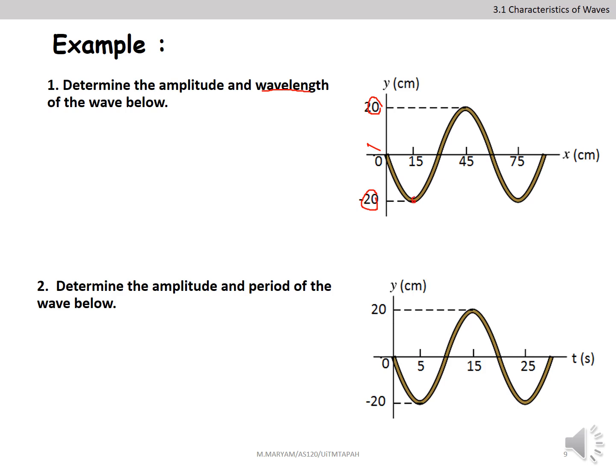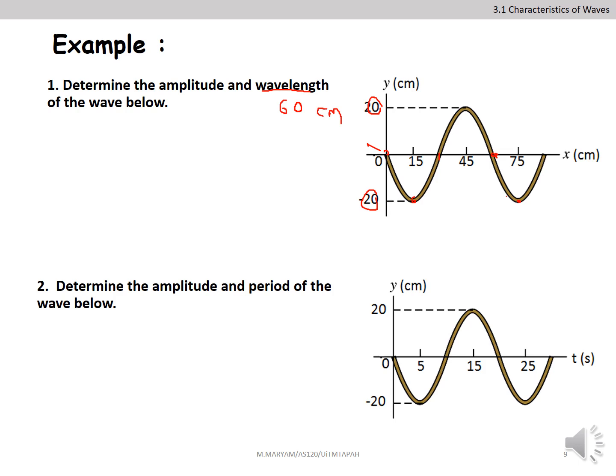How about wavelength? As I mentioned, you can take a point from trough to trough, or you can take from the starting point here and stop at one complete oscillation. Let's see what is the value. 0, 15, so the gap difference is 15, 30, 45 and 60. So the wavelength is 60 centimeter.